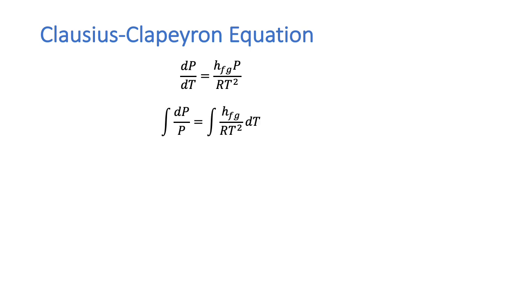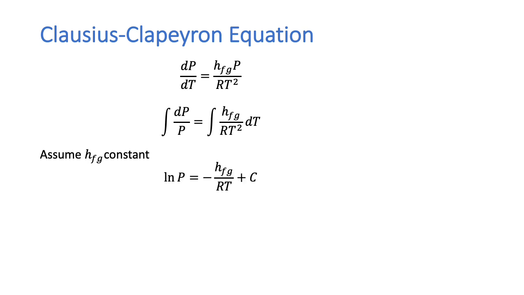If we bring all the terms in P on the left-hand side and on T on the right-hand side, we can integrate and get that the integral of dP upon P is equal to the integral of Hfg upon RT squared dT. Let us assume that Hfg is a constant, and this is a fairly good assumption for most substances. Hfg does not change very much with temperature or pressure.